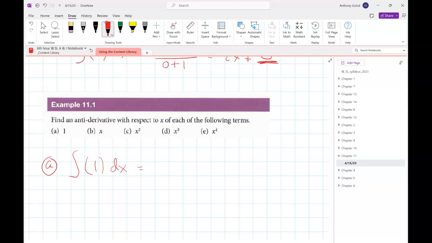So remember what we did before. Since there's no x there, I'm going to think about it as x to the 0. And then because we're doing an antiderivative, instead of subtracting 1 from the exponent, we're going to be adding 1. And instead of multiplying by that exponent, we're going to be dividing by the exponent. But really, what does that just turn into? x.